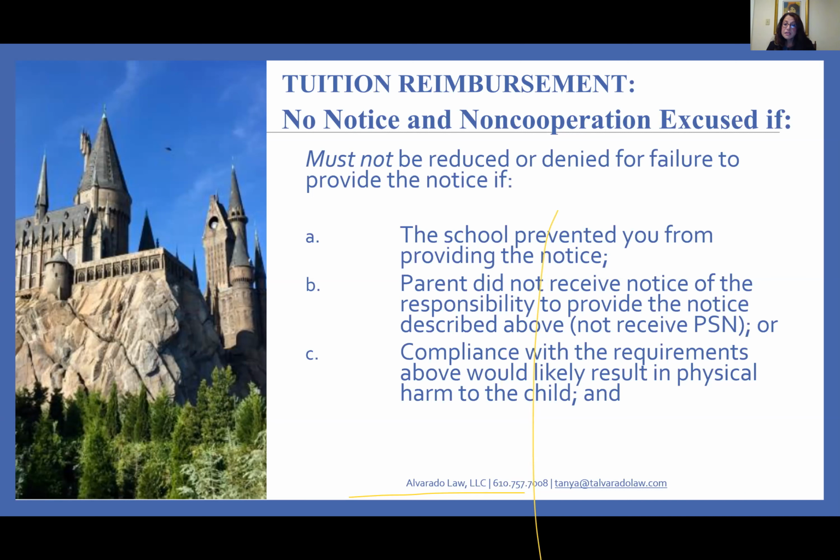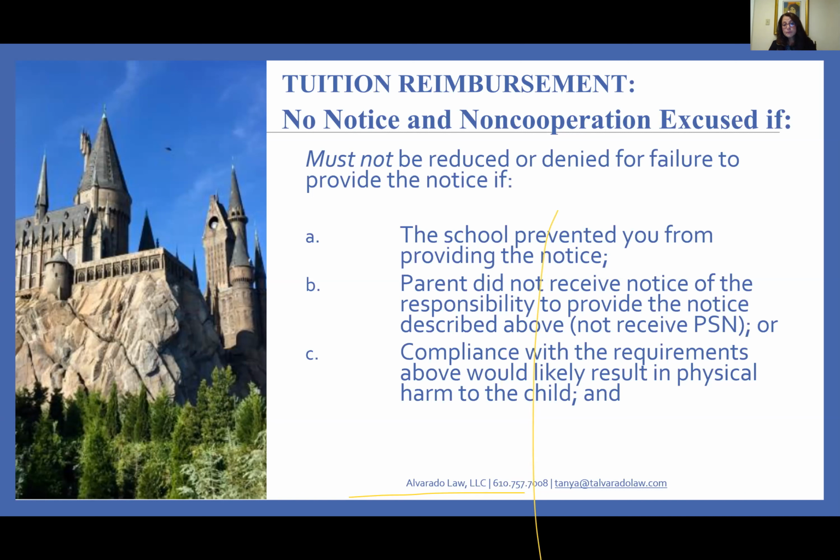And if compliance with this notice requirement would put your child in danger of being in physical harm. So, the 10-day notice, if your child is being bullied and beat up every day, and you have talked to the school district and that keeps happening, and you say, you know what, I need to protect my child, that my child cannot return there for another 2 weeks after I give this notice, that's excusable.